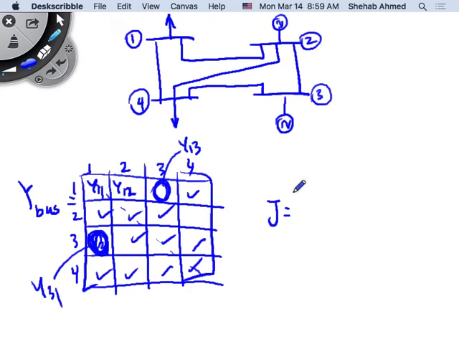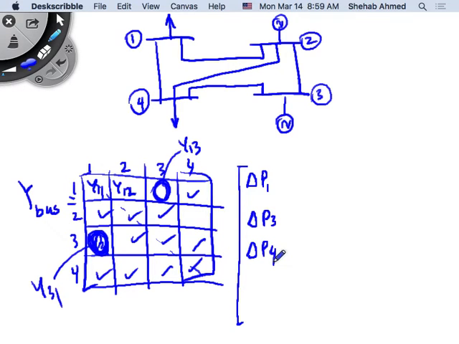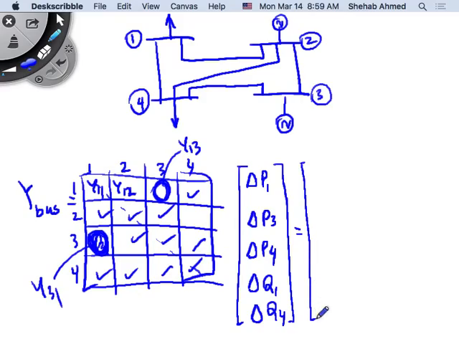It will be easier if I also write the Y. Delta P1, delta P3, delta P4, delta Q1, and delta Q4 is equal to this.